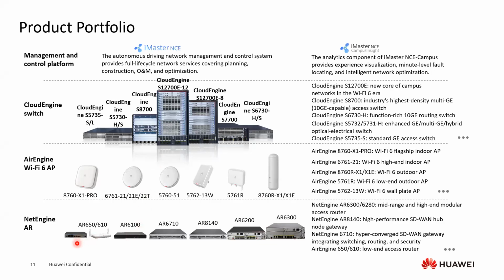On campus routing, we have the smallest from the AR650 to the high-end headquarter router, the AR6300, that gives us coverage from a very small branch to a very large office. We have a range of all the products over here in Huawei.